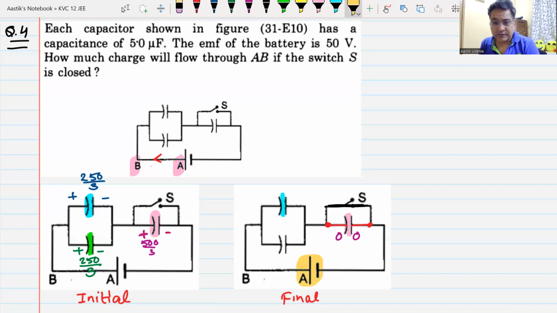I think it will be 250. Yes or no? And this one would be 250. Do we understand this?